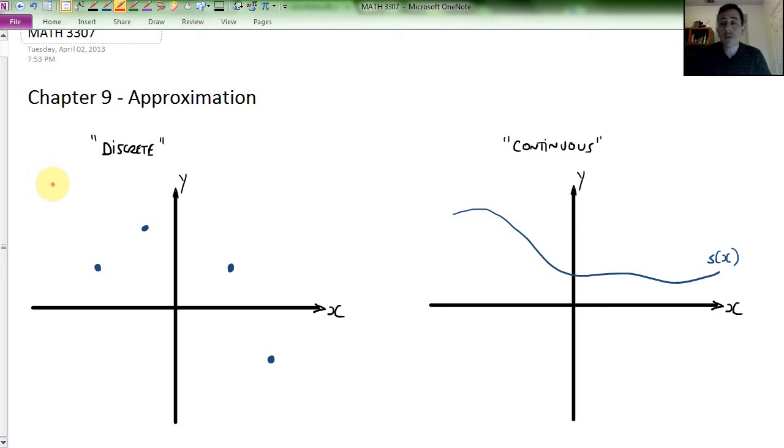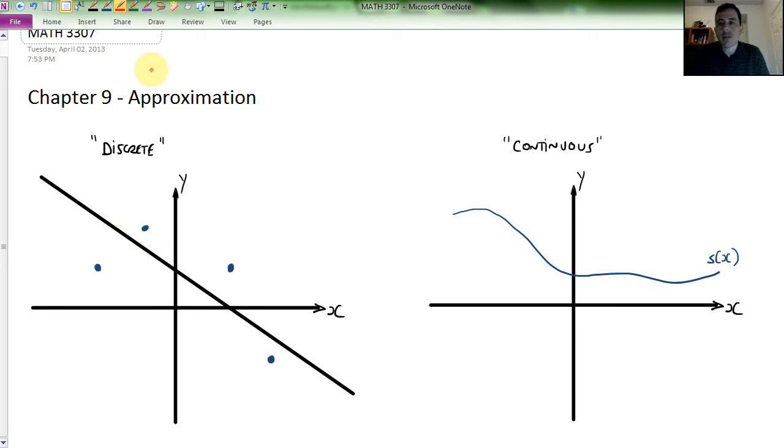For example, you could approximate those 4 points with a straight line. So in that case, the straight line could be something like this. Okay, so that is the best, quote unquote, straight line that will approximate those 4 points. As you know, it's impossible to get a straight line that will go through all 4 points because they're not collinear.